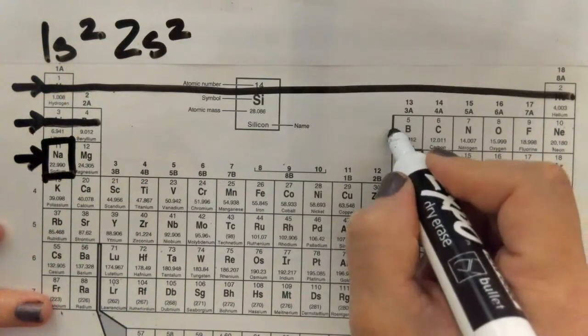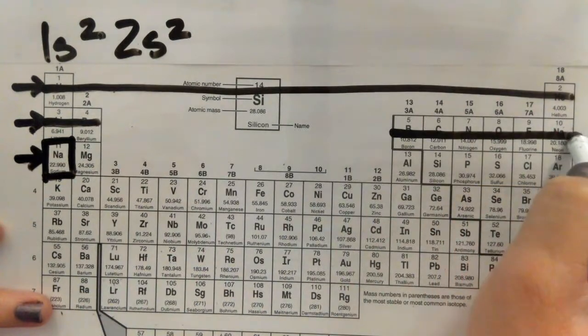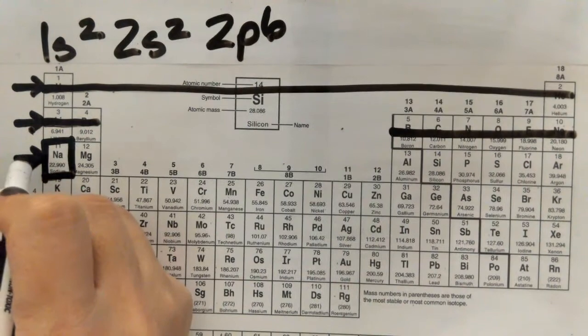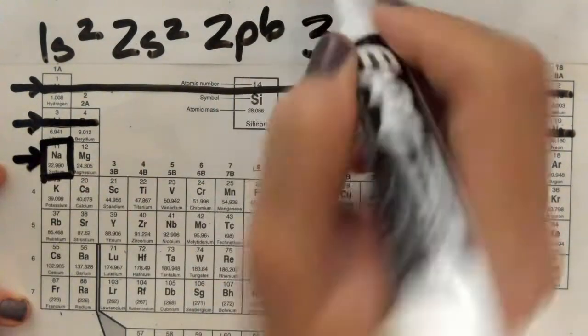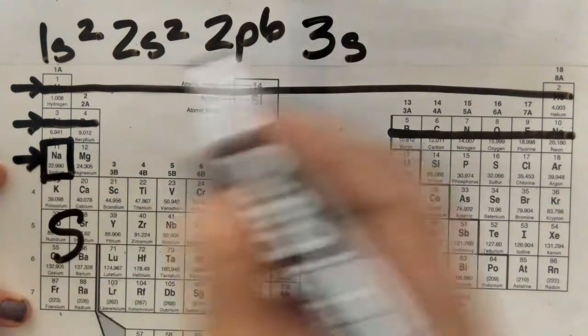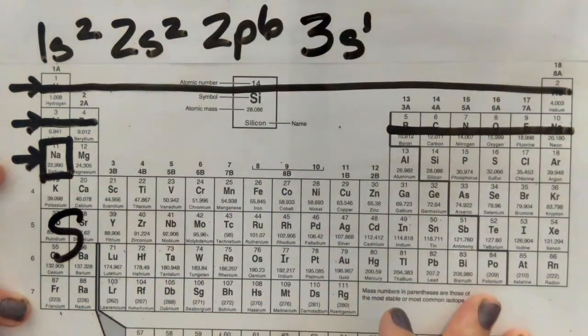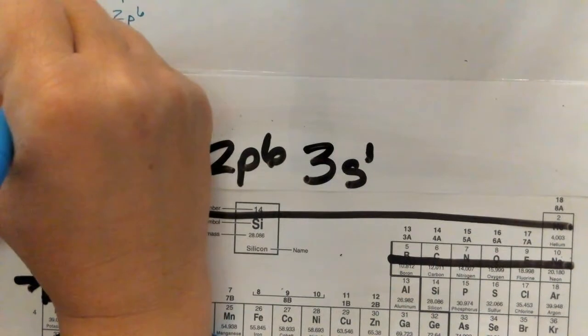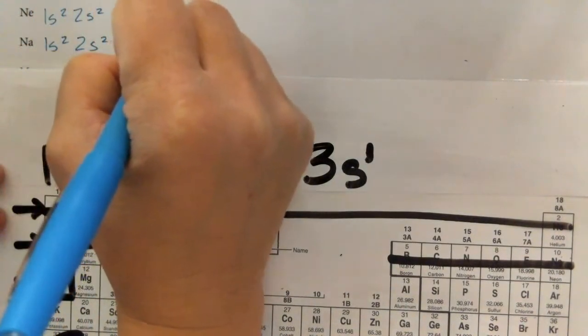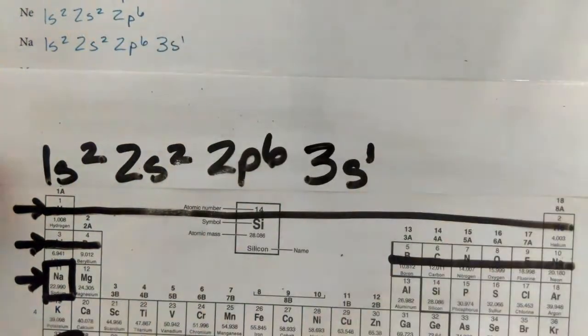We're going to go all the way through 2p6. And now I'm on row 3. So it's row 3. We are in the S block, and I'm the first column in. It's 3s1. So sodium is 1s2, 2s2, 2p6, 3s1.